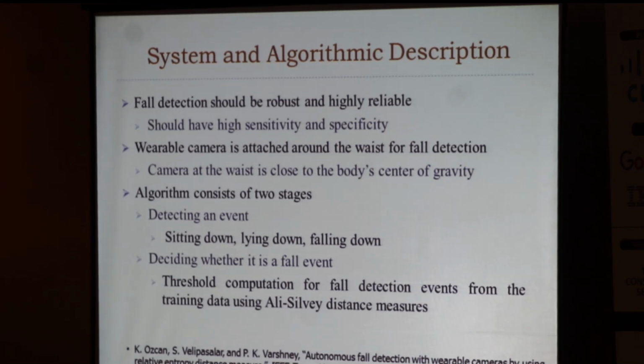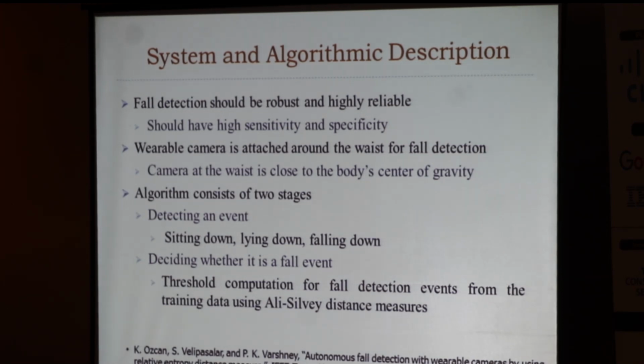Then you are trying to decide if somebody is falling down or not. The wearable camera is attached here. First you detect an event, such as sitting down, and then decide whether it's a fall event. Again, mathematics came in here.